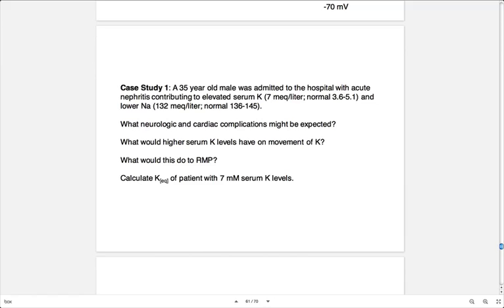And neurons, it turns out, can adapt to this somewhat. So neurons have a little more flexibility, but cardiac pacemakers aren't so good at that. So cardiac pacemakers won't really be able to adapt to that so well. And your patient would be at risk of developing arrhythmias, because the cells are going to be a little bit depolarized in this condition.